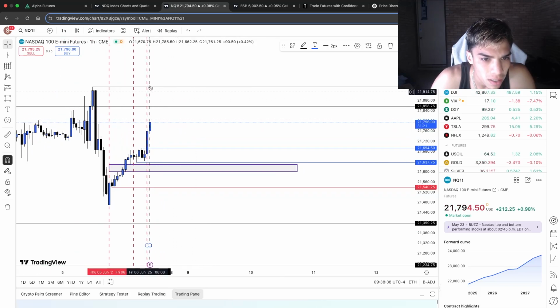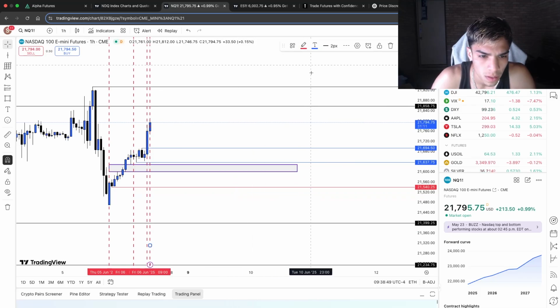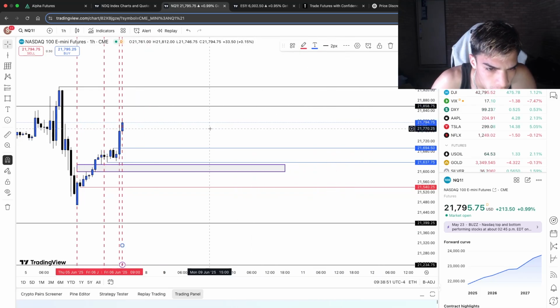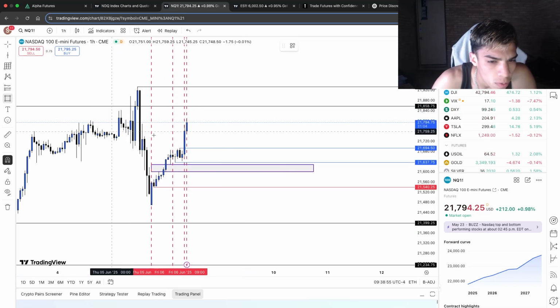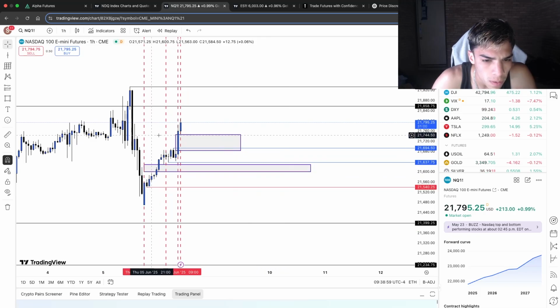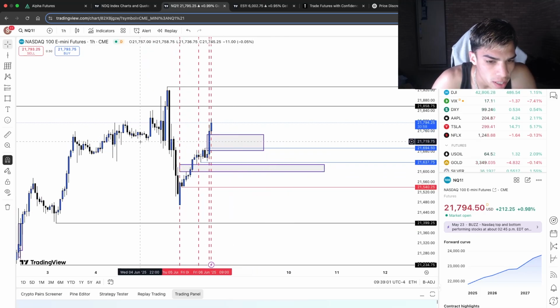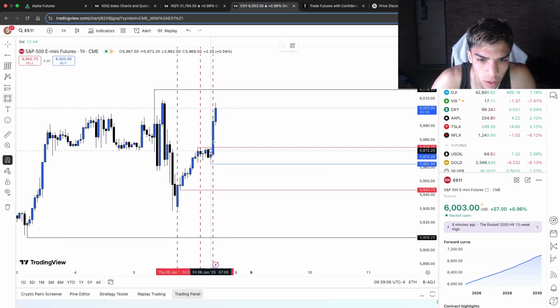Why is it black? Did I turn it black? There's a 1 hour fair value gap right here when market opens up. Let's see if we get a reaction off of that, and then let's mark it over here also.